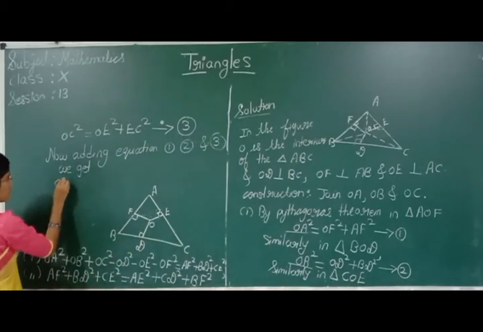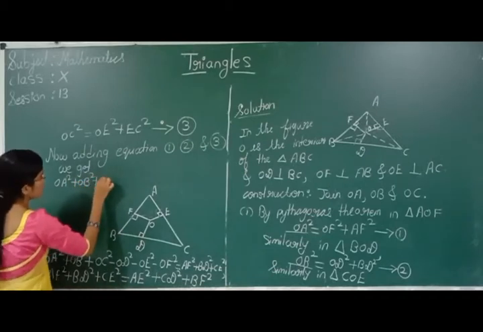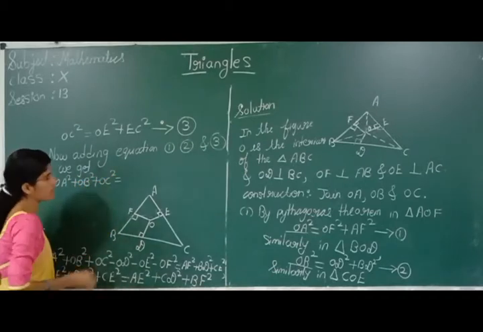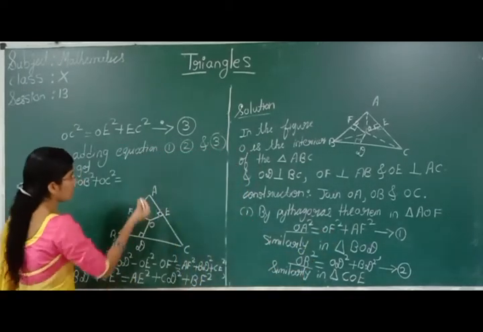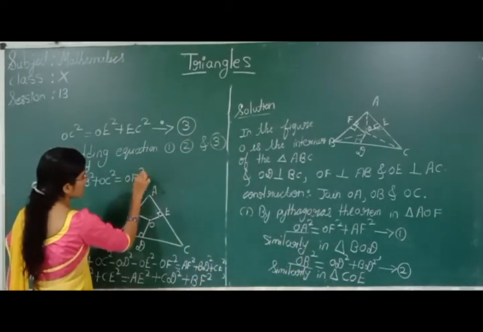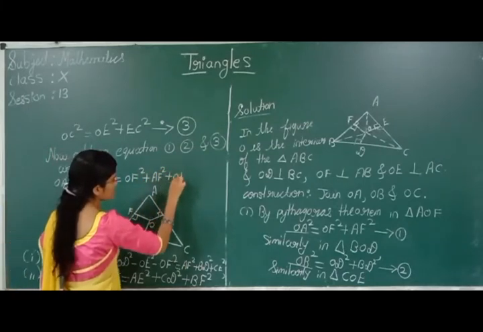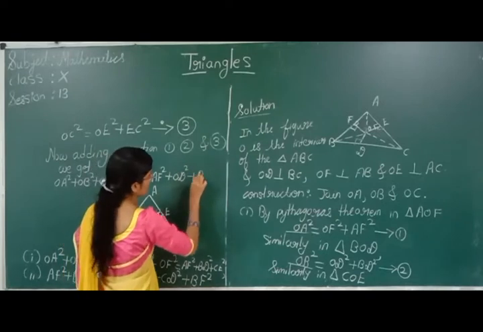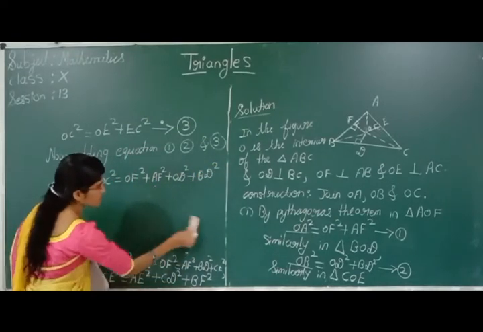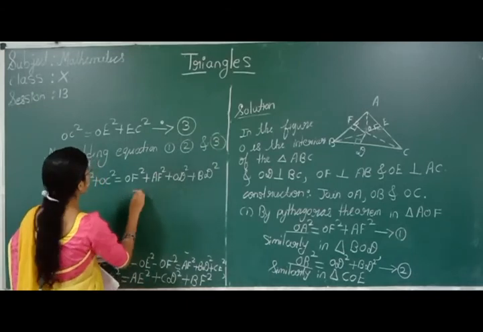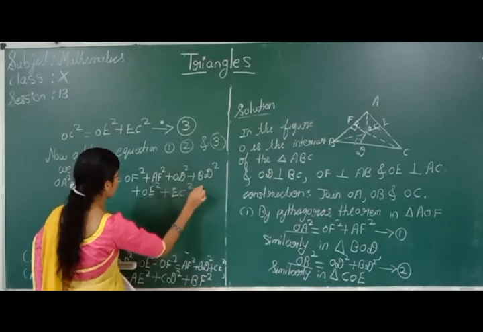That is OA square plus OB square plus OC square is equal to OF square plus AF square plus OD square plus BD square plus OE square plus EC square.